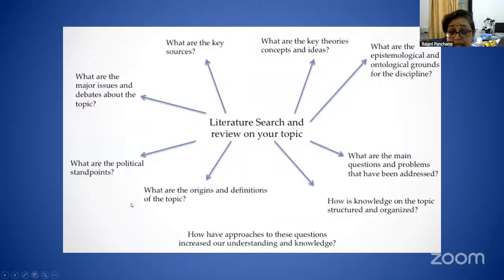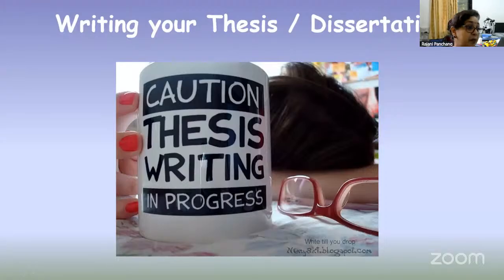You can probably take a picture of this, which helps you do all this. With this, I move to the next part. A literature review is a complete process from day one to your viva voce.